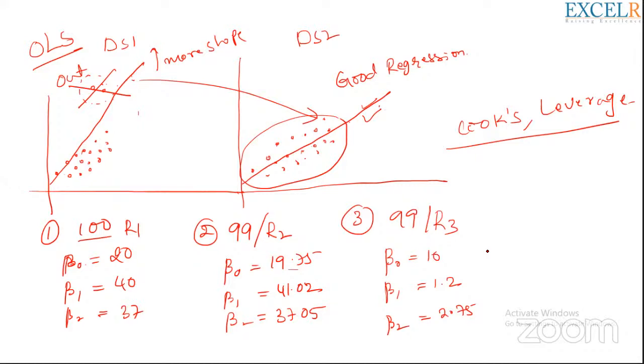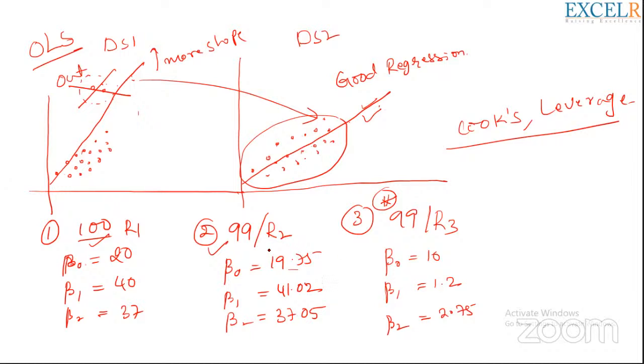What do you observe? Do you see anything strange that has happened here? Yes. So here in this case, regression equation 3, the beta values are completely different than regression equation 1 and regression equation 2, right? So why is it so?